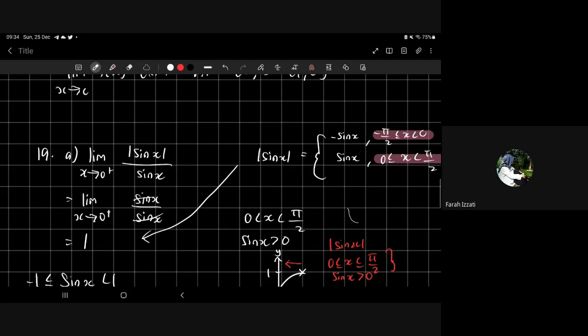Since it's coming from the right, we're only focusing on the right side, but because we're dealing with the modulus of sine x, we need to look at both sides, is it? Like the negative sine x and then sine x. Yeah, we have to know when sine of x will be negative and when sine of x will be positive.